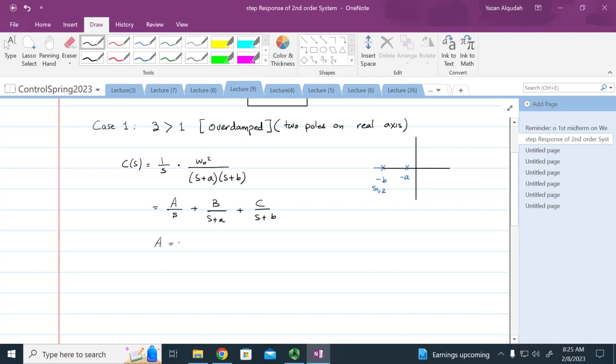Omega n squared over AB. Excellent. Omega n squared over A multiplied by B.